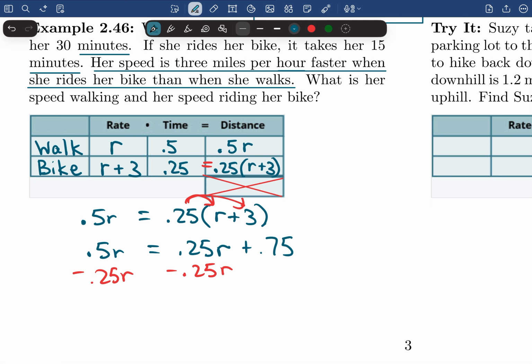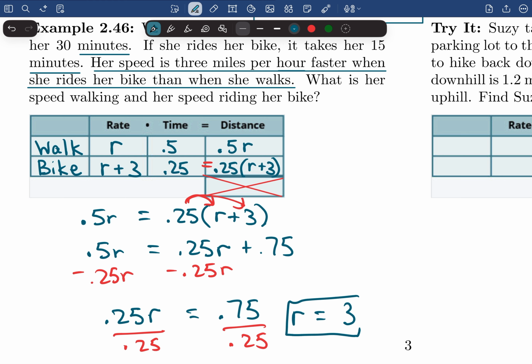And 0.5r minus 0.25r is 0.25r, and that equals 0.75. Dividing by 0.25 from left to right, I find out that the rate is 3. Okay, so r is 3.